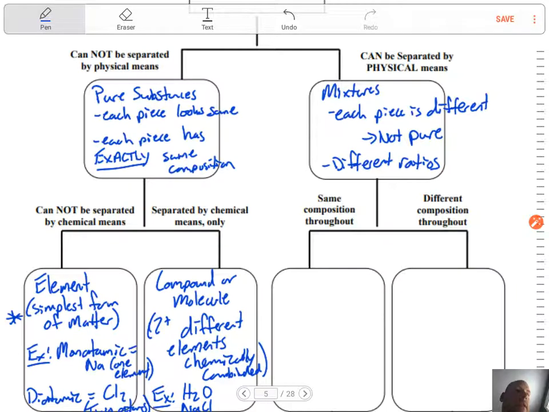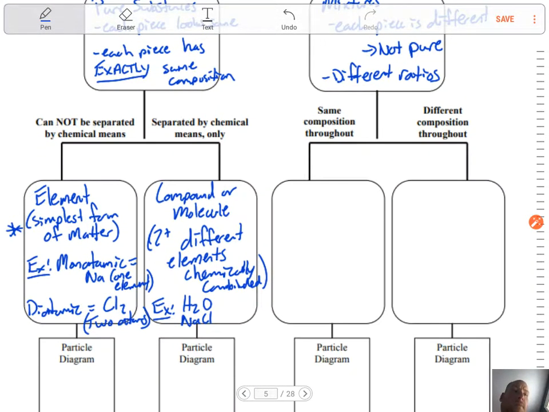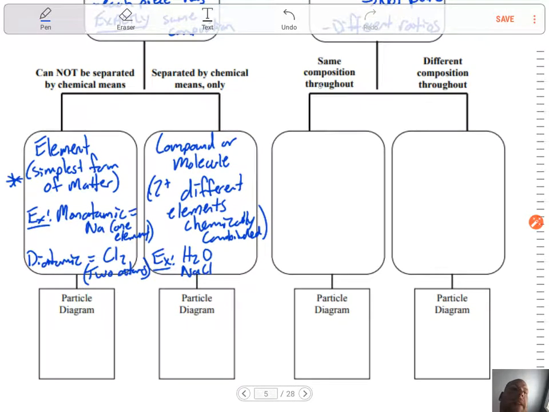Over here, right, things that can be, again, separated by physical means, so mixtures. So mixtures, there's still 2 types. They have the same composition throughout it. It's called homogeneous. Okay? It's a homogeneous mixture. It's uniform. That prefix there, homo, means same.